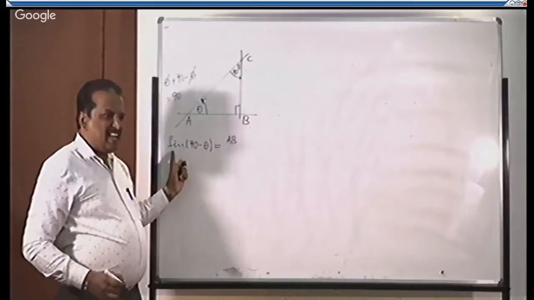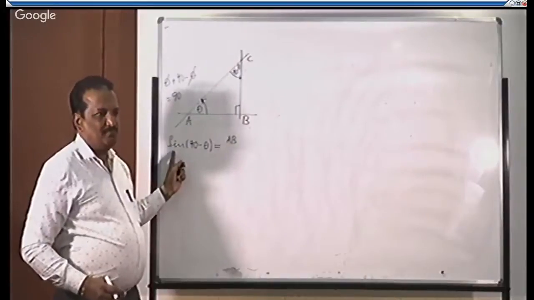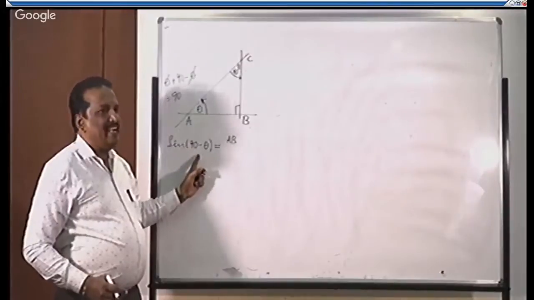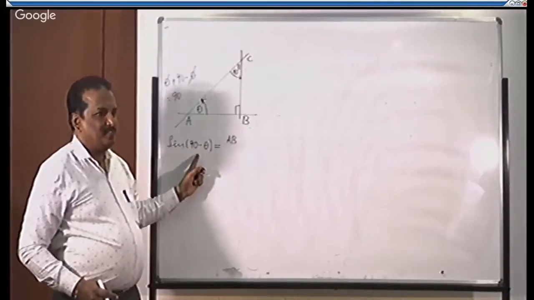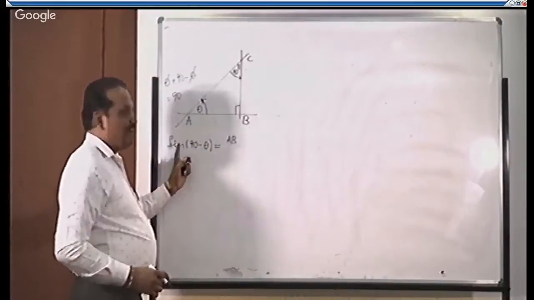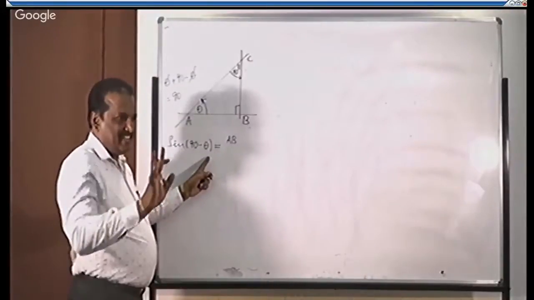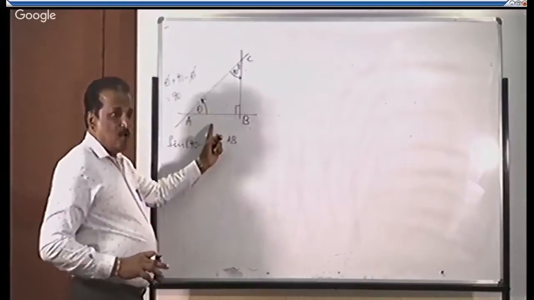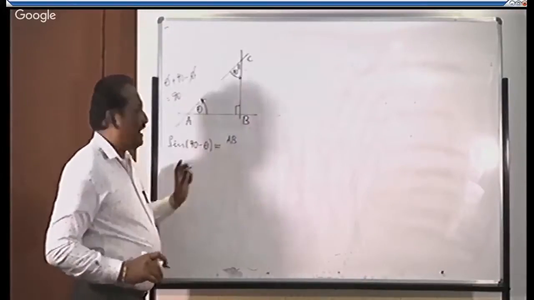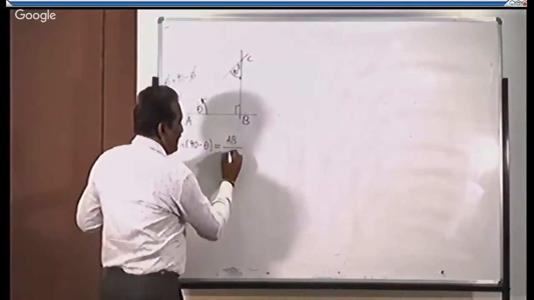Therefore, when we connect sine of an angle for 90 minus theta, it is opposite over hypotenuse. The hypotenuse is the same for both angles. So the hypotenuse is AC.